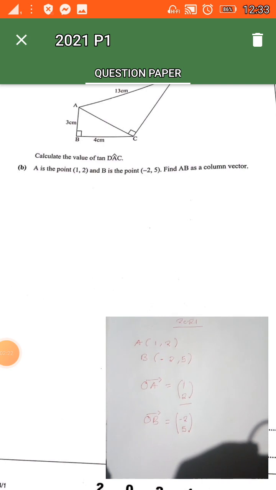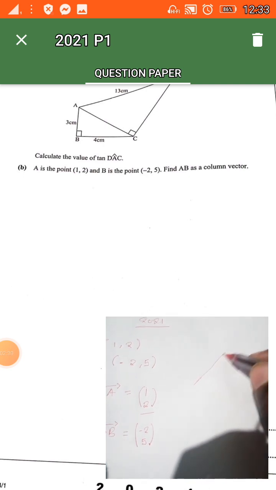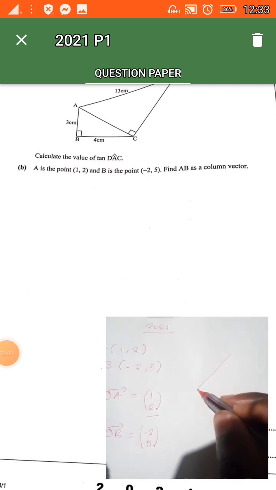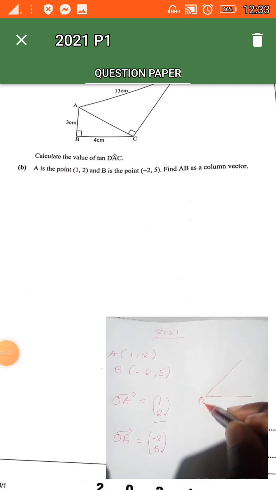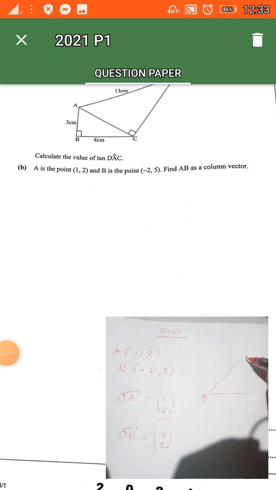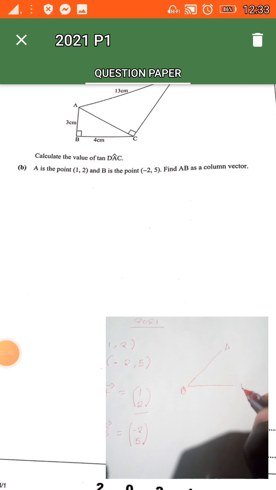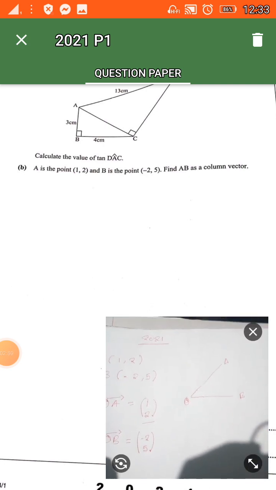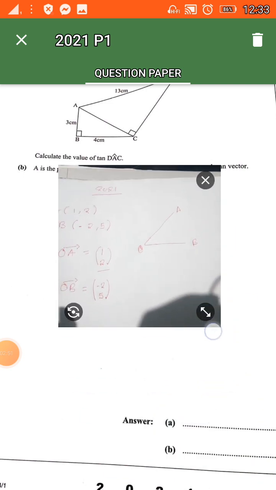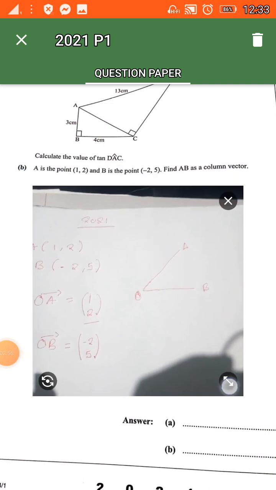Let's draw a simple diagram to show how we're going to find AB as a column vector. This diagram has the origin, because this is the starting point for all position vectors. Here we're going to have A, and B here. Let's widen the screen a bit to get a clear view.